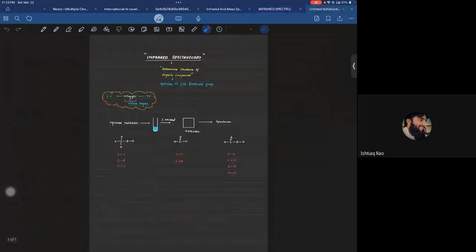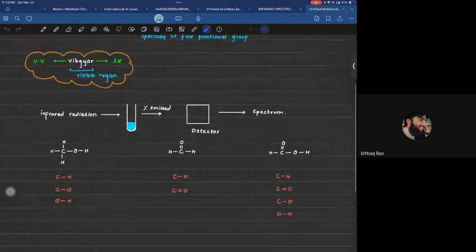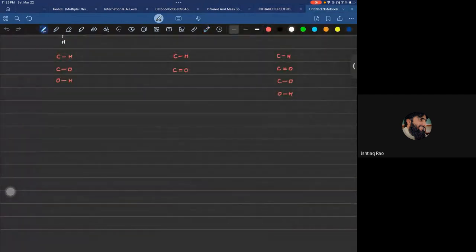Number one, different bonds absorb different frequencies, and then they show a response.